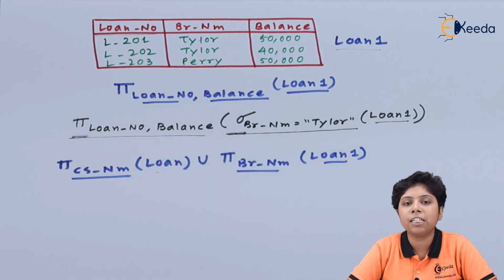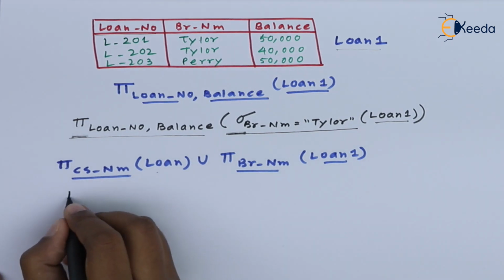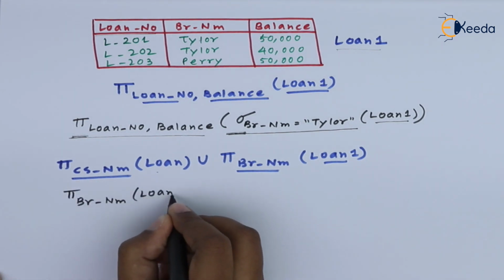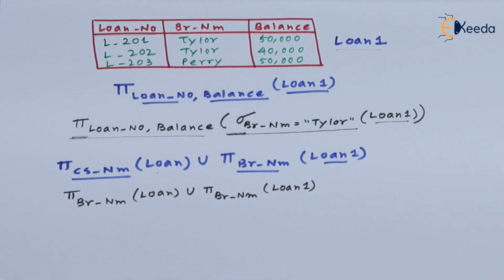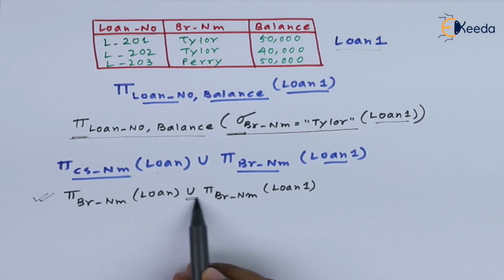Thus, if there is any duplicate value, that will be eliminated and we have the result of distinct values. Let us see how to do that. So this is our projected operation now. There is a union operation, so obviously it will get joined.